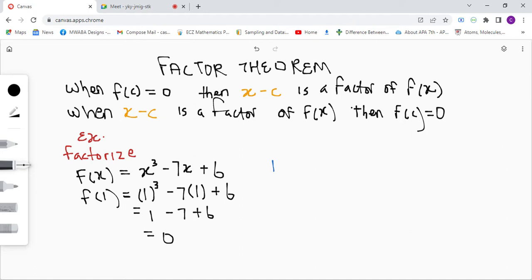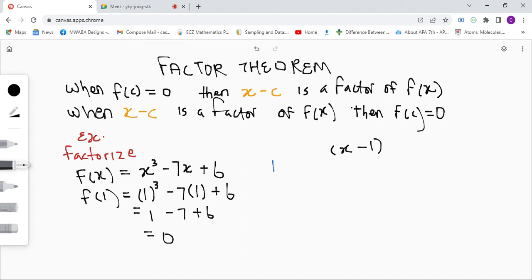So we have found a factor. Our factor is x minus 1.